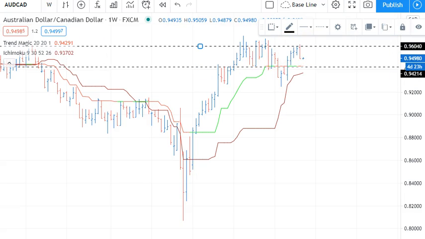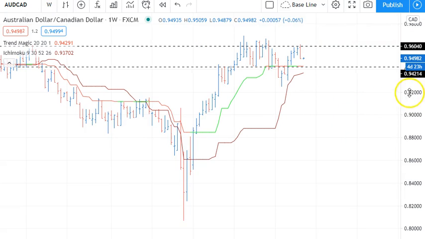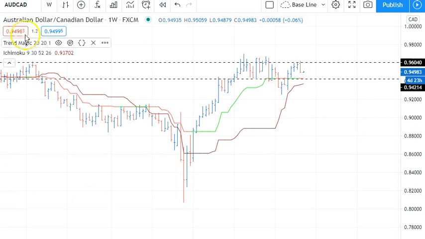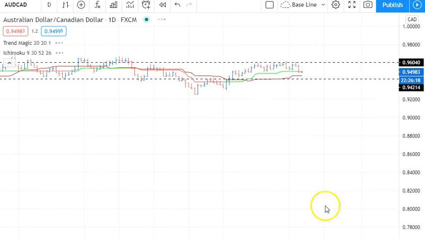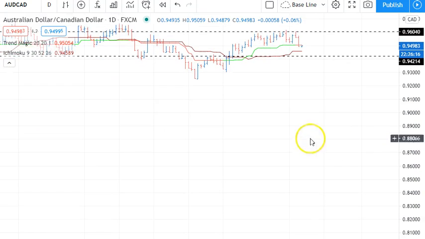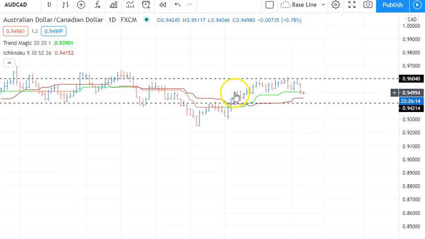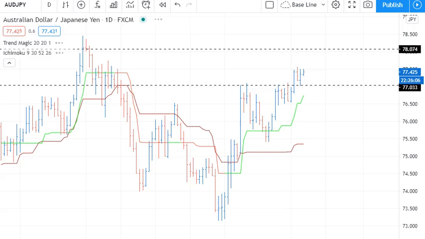I love using the weekly charts for support and resistance. I do use daily too, of course. So let's have a look at the daily. You can see we're just going sideways. You could put another support line in there, that's where price has been reacting. But right now, everything's flat, so there's no trade.